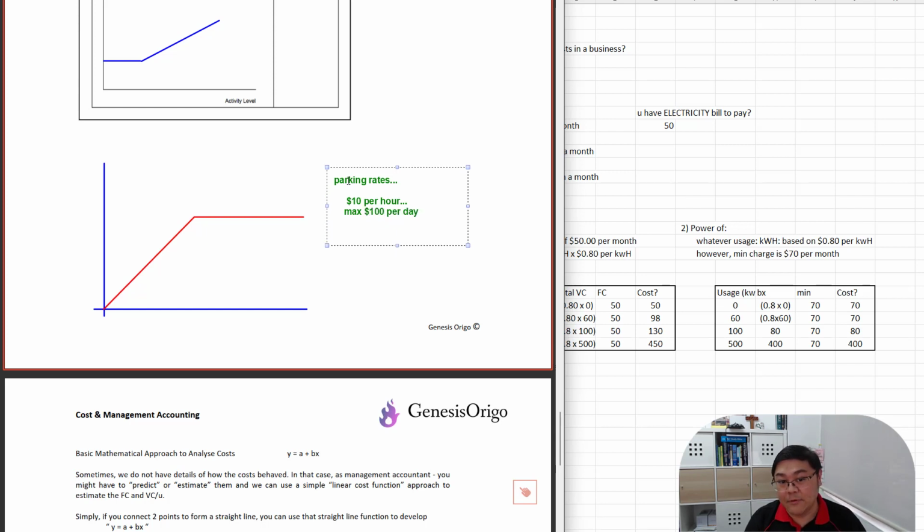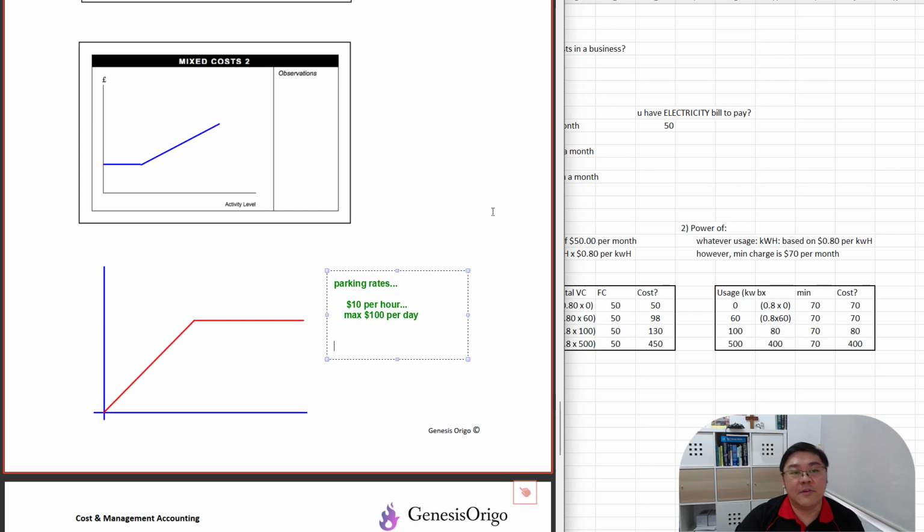Which means if you don't park your car, you don't pay for parking. You park for 1 hour, you pay $10. You park for 5 hours, you pay $50. You park for 10 hours, you pay $100. You park for 11 hours, you will still pay $100, because it's basically flat by capping at 100.